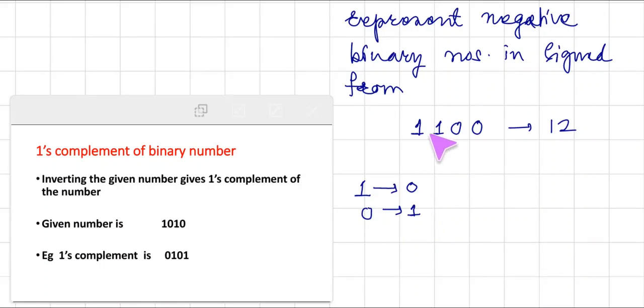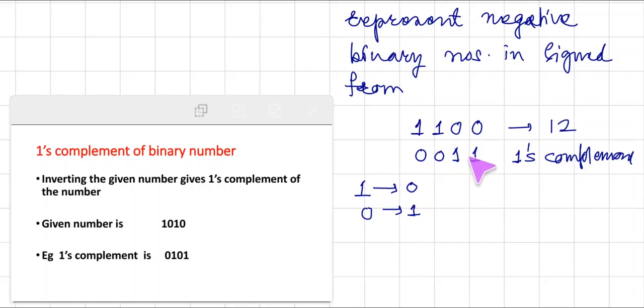So if I want the binary ones complement of this number, I convert this 0 to 1, this 0 to 1, this 1 to 0, this 1 to 0. This is the process for getting the ones complement form.